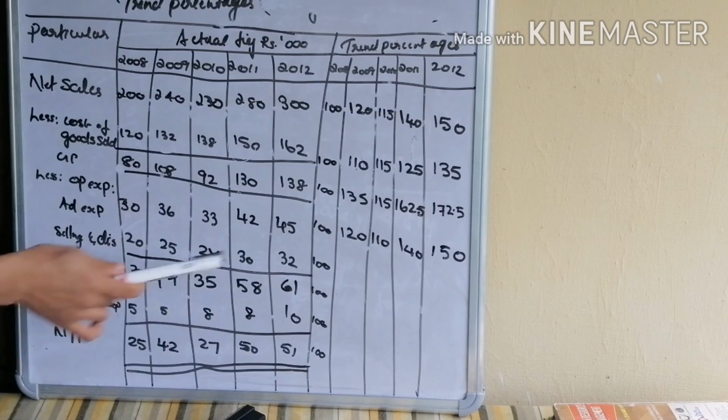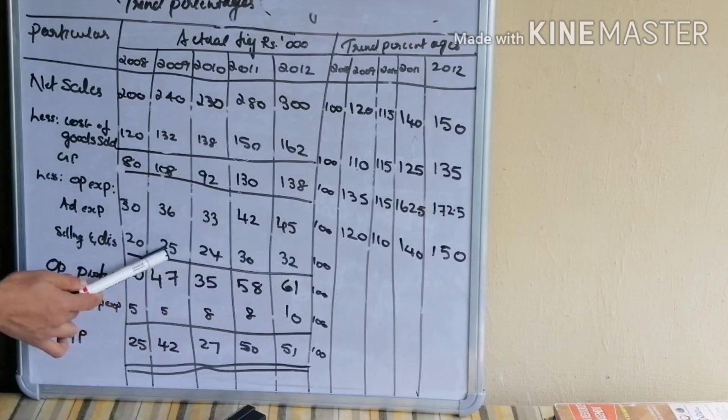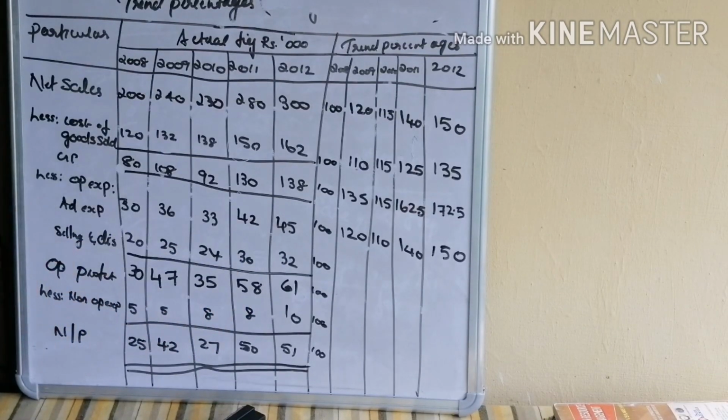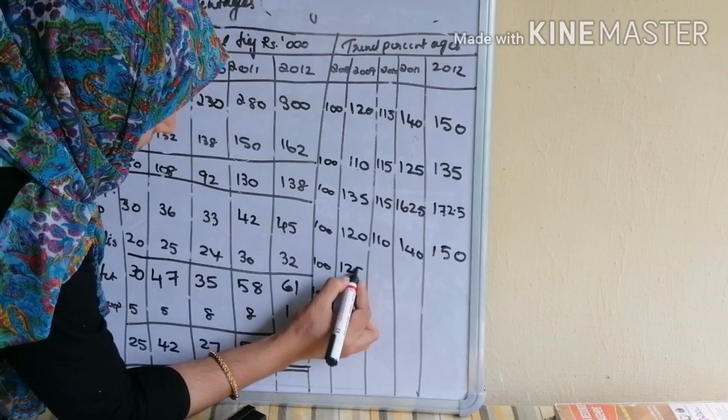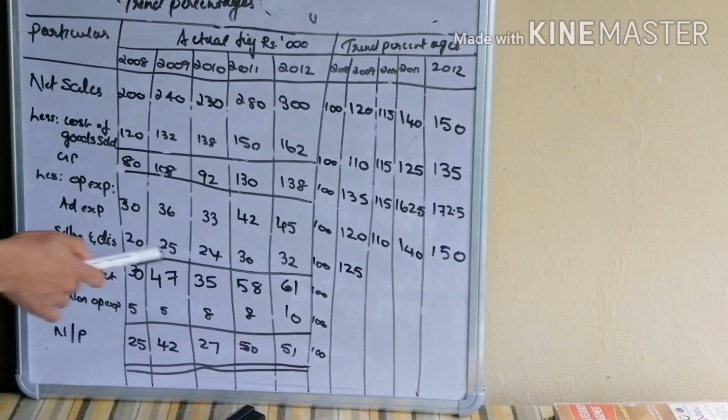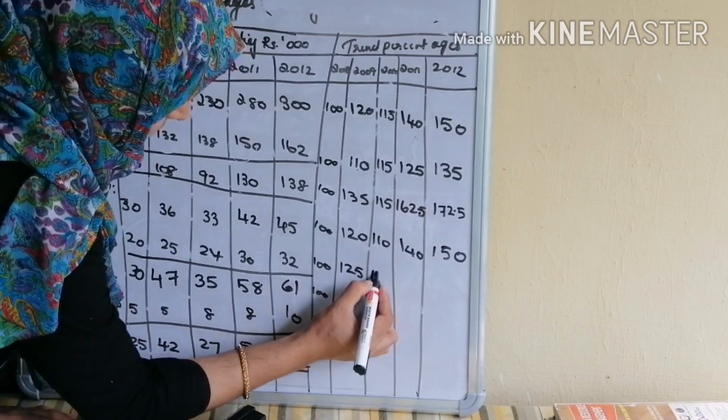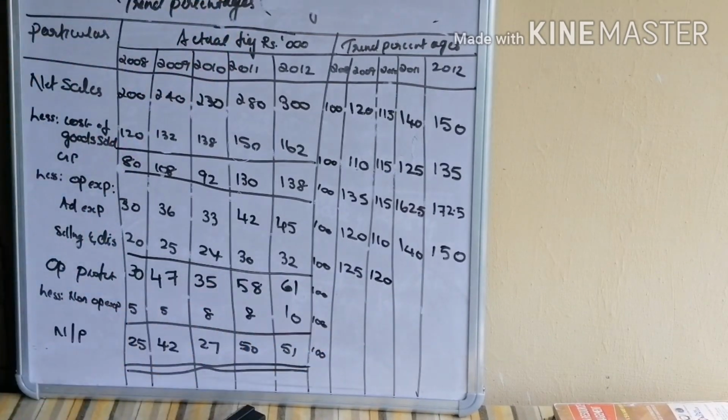Next is selling and distribution. The selling and distribution base year is 100. Next we have to find out 25 divided by 20 into 100. The answer is 125. Next 24 divided by 20 into 100, 120.